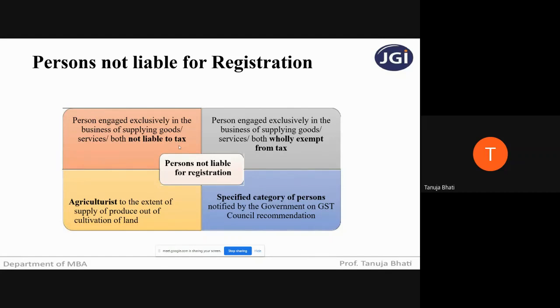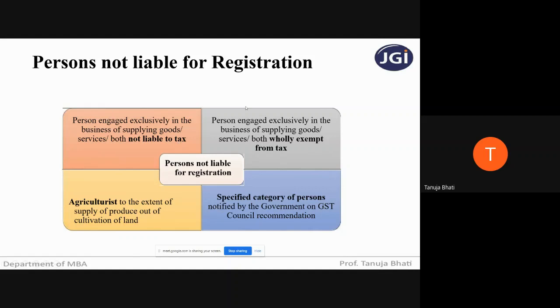That any person who is engaged in providing the goods or services which are not liable to tax need not get themselves registered under GST. Like suppose any person is engaged in producing crude oil, petrol, diesel, aviation turbine fuel, or maybe alcohol for human consumption, they are not liable to get themselves registered under GST.